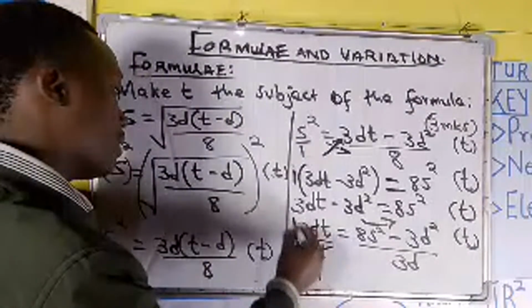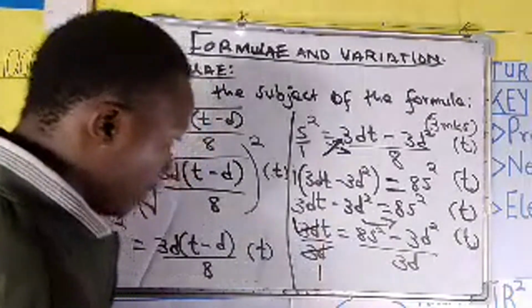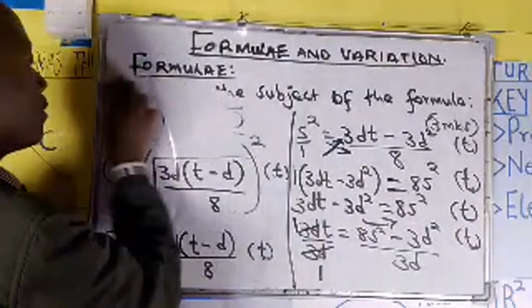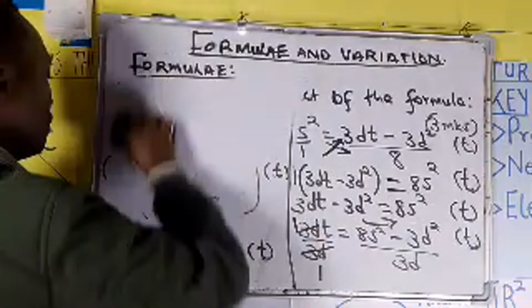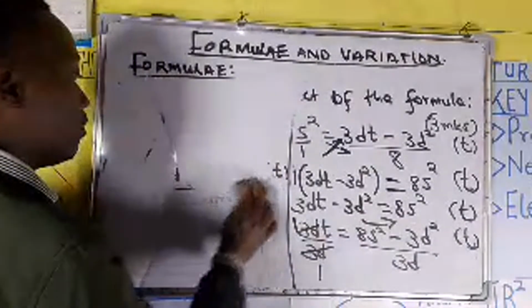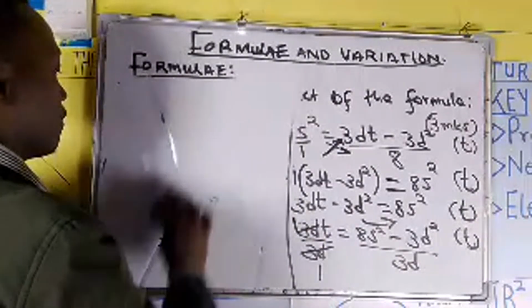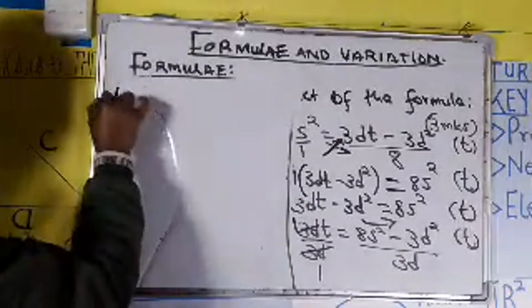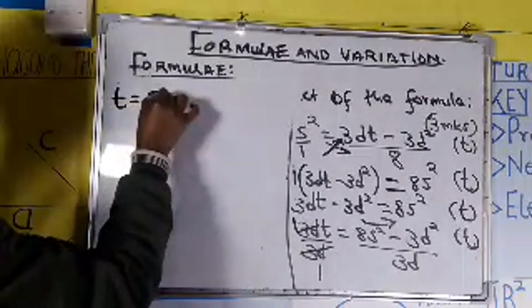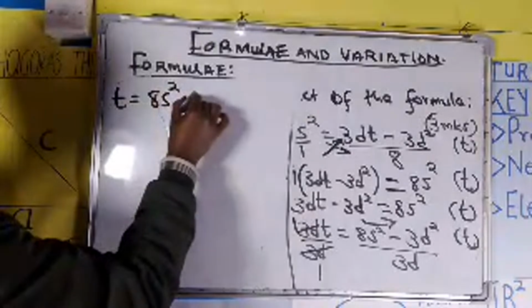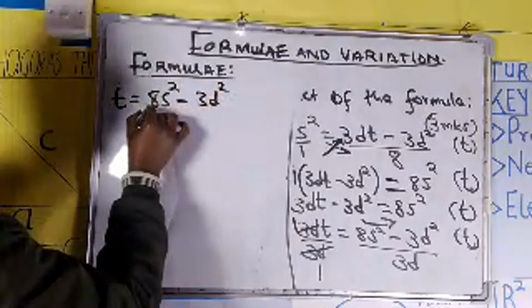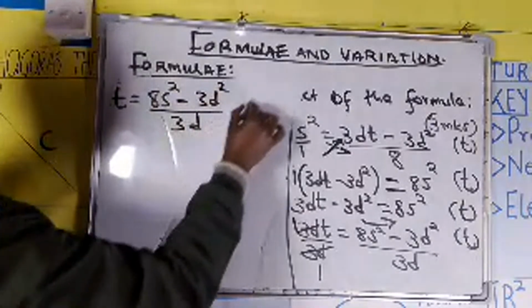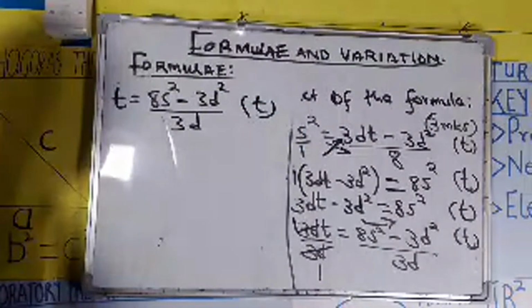This cancels with that, and we are left with t is equal to 8s squared minus 3d squared over 3d. That is equal to t.